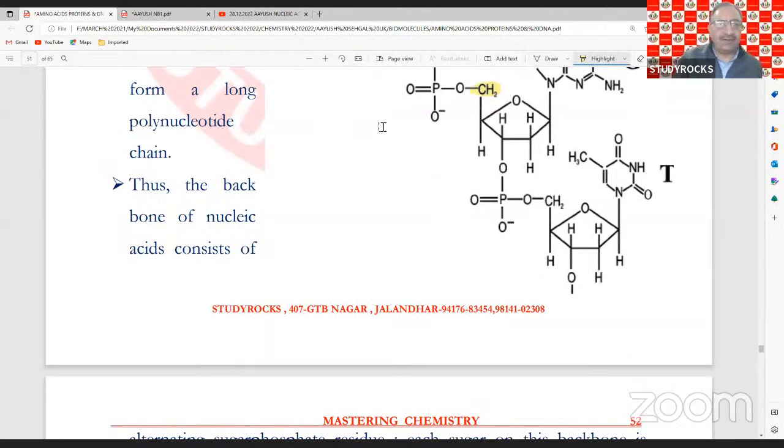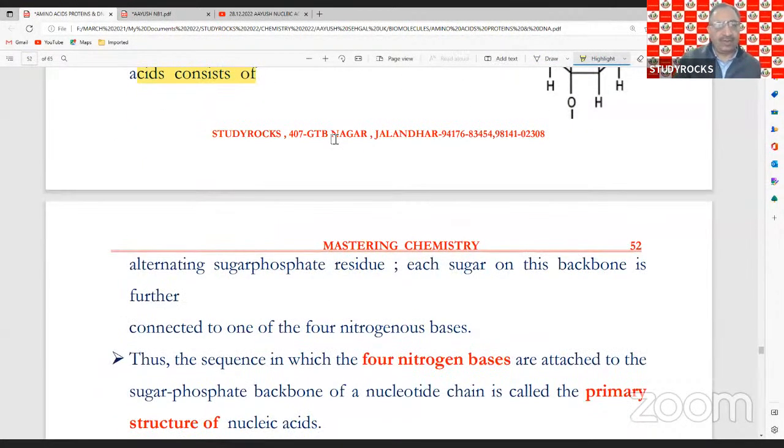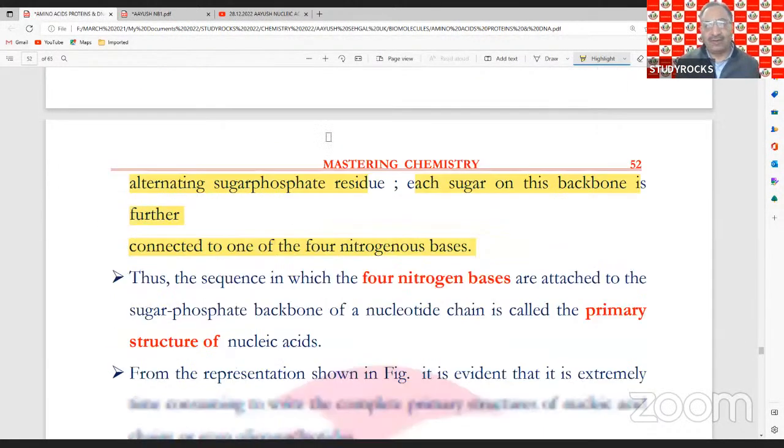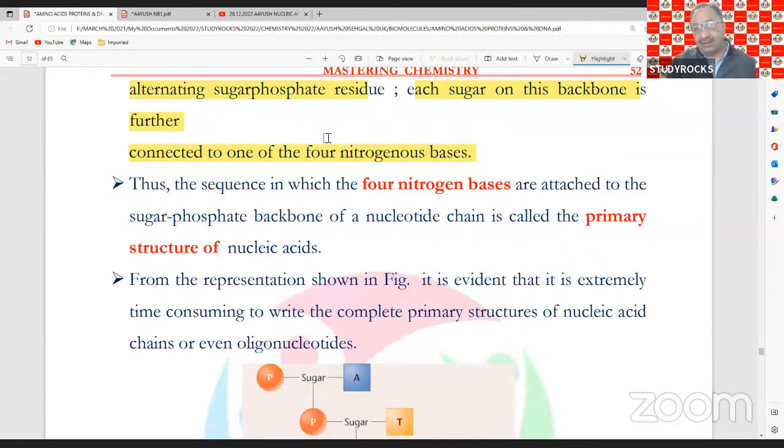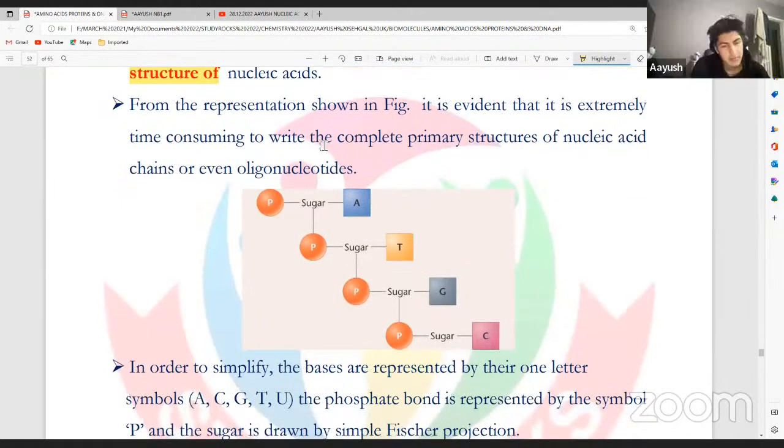Thus, the backbone of nucleic acids consists of alternating sugar phosphate residues. Each sugar on this backbone is further connected to a nitrogen base. You know all this now. The nitrogen bases attached to the sugar phosphate backbone of the nucleotide chain are called the primary structure of nucleic acids. This is how they join together.